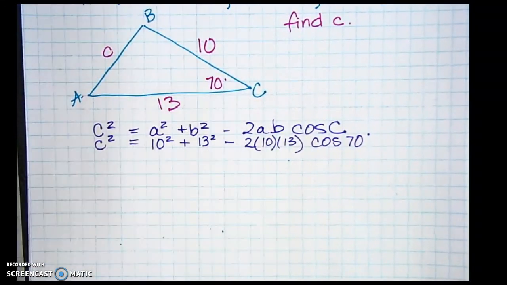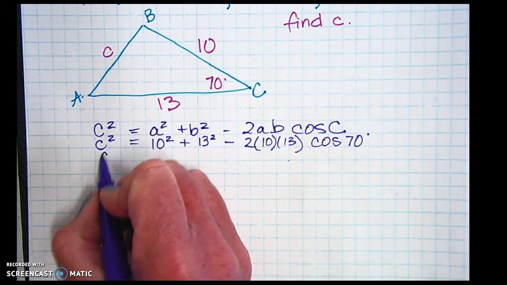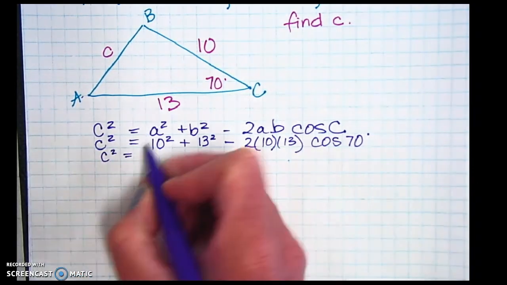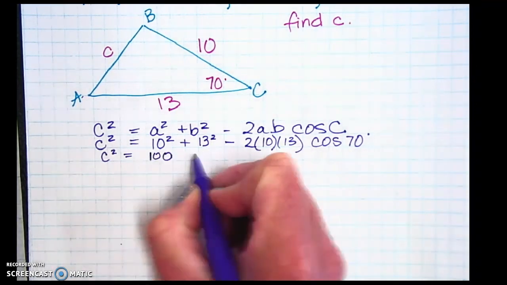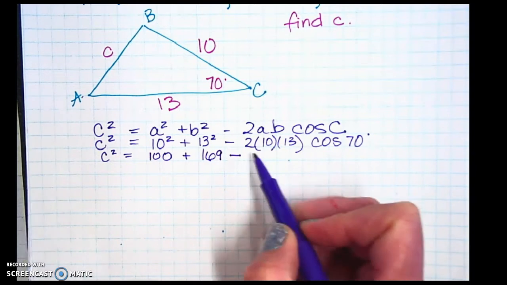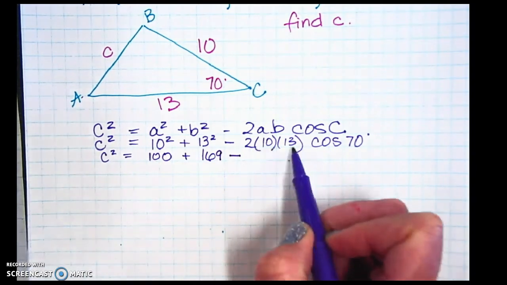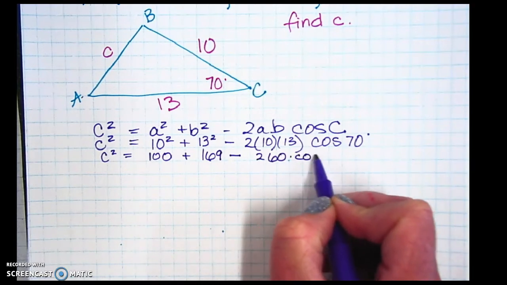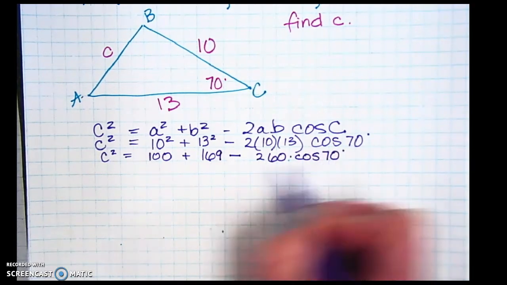Okay. All right, so from here you just want to simplify, right? Calculator can do most of it for you, but some of it you'll be able to do in your head. So 10 squared is 100, 13 squared is 169, minus 2 times 10 times 13 all happens to be 260 times the cosine of 70. We'll plug that in the calculator in just a second.